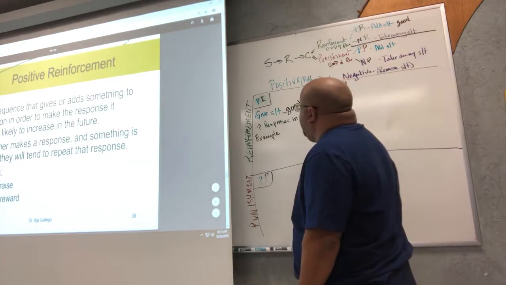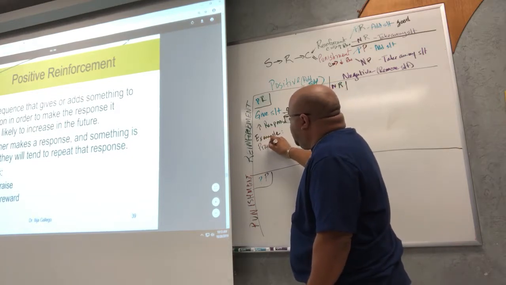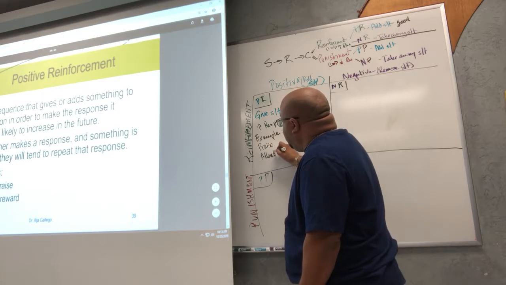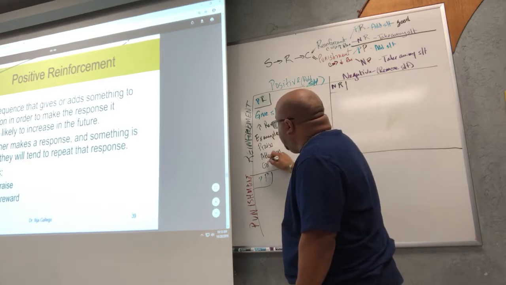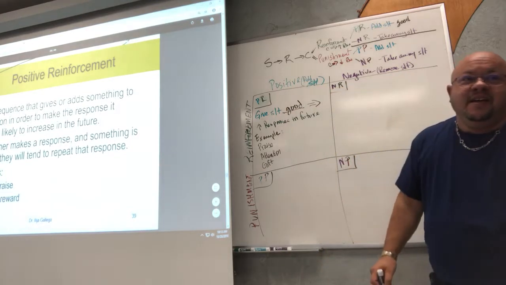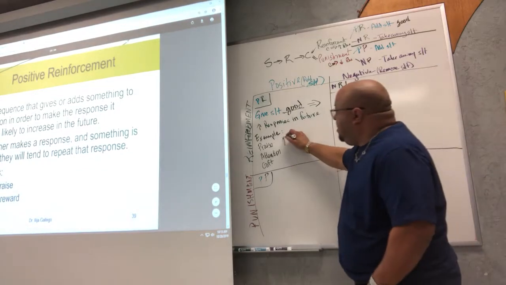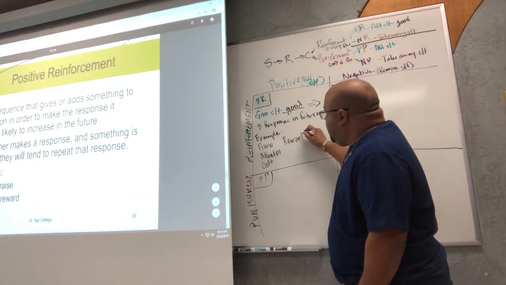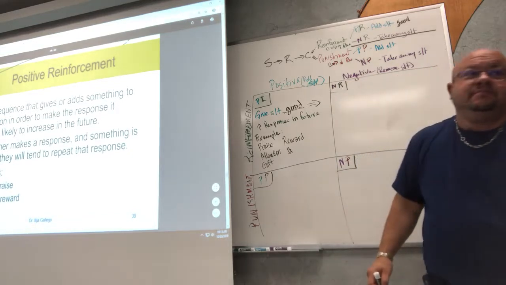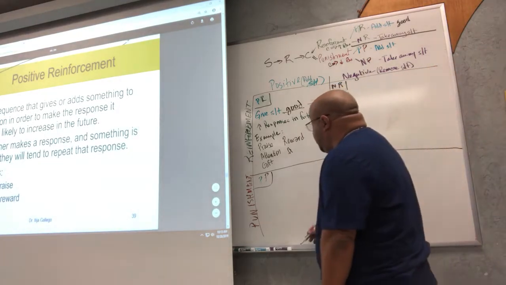So an example would be I give you praise, I give you attention, I give you a gift. Some sort of reward. Money's nice, right? You with me? All right, so that's positive reinforcement.